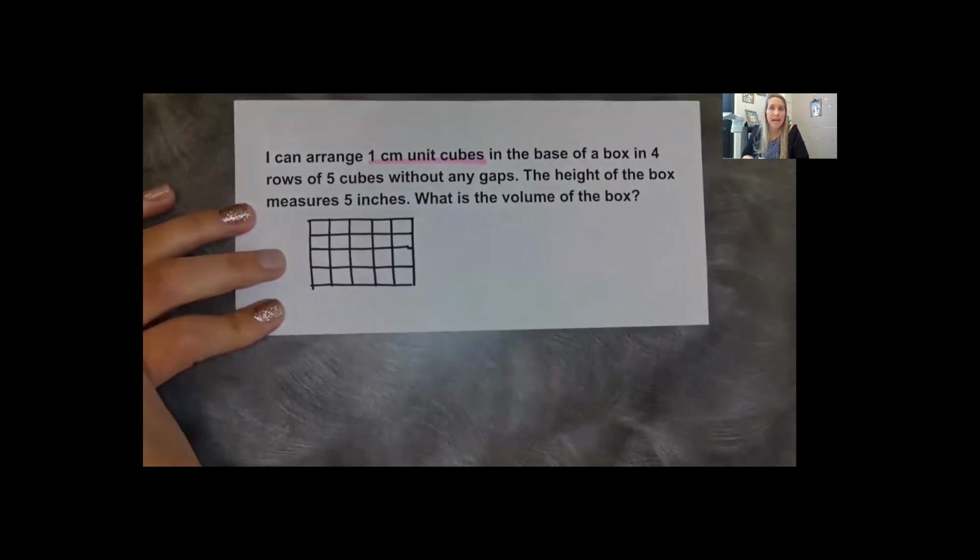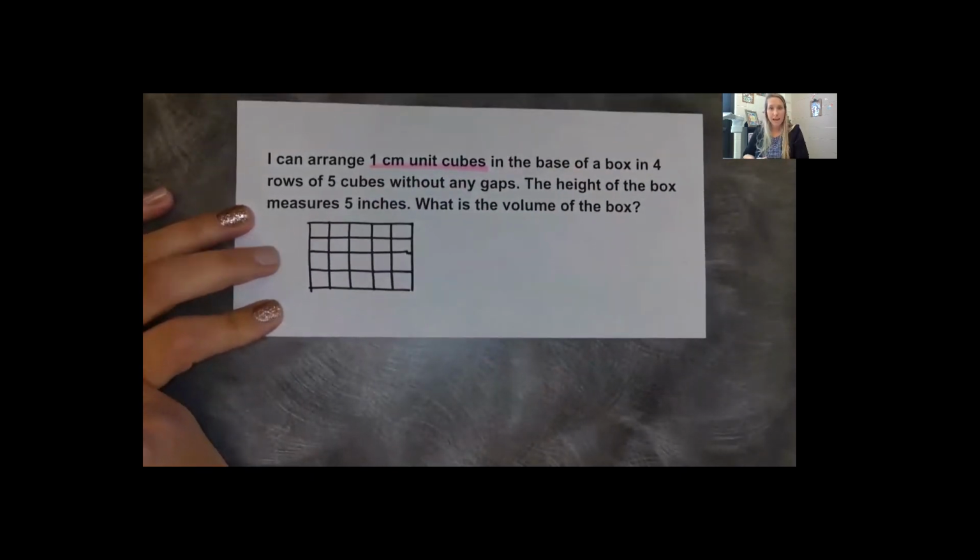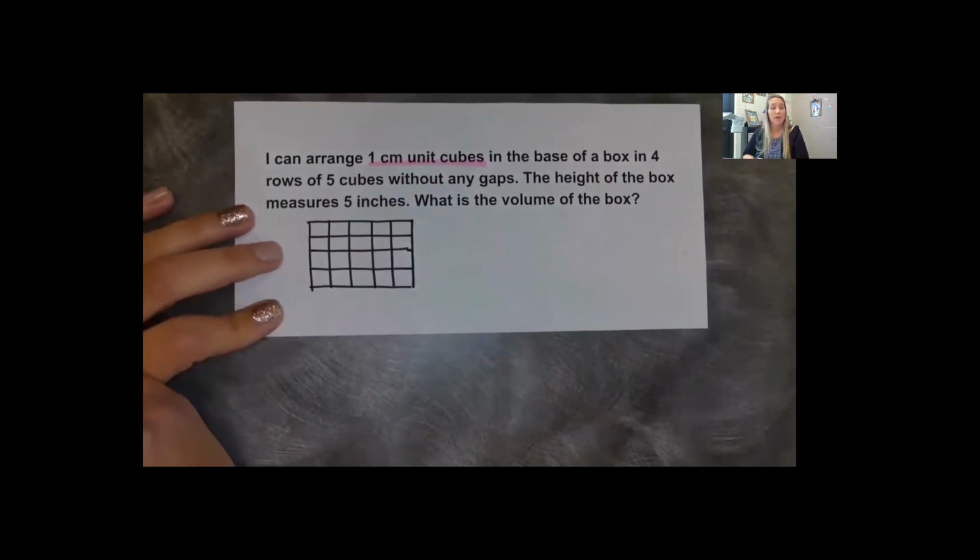And so this is like the base area. Excellent. And the height of our box is 5 inches. What is the volume of the box? So how can I use a formula to help me solve this problem? What would our equation be?